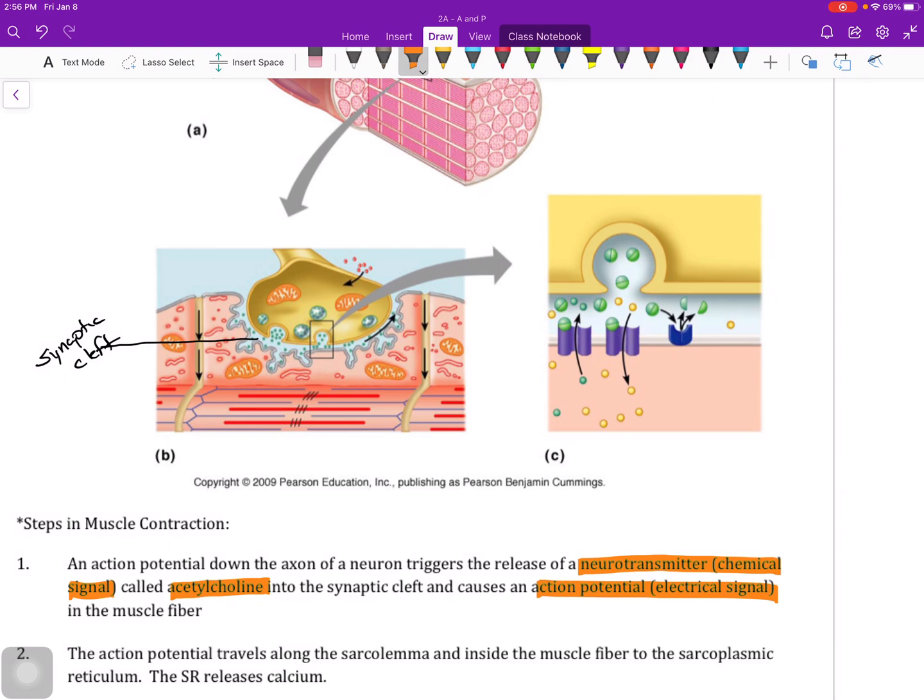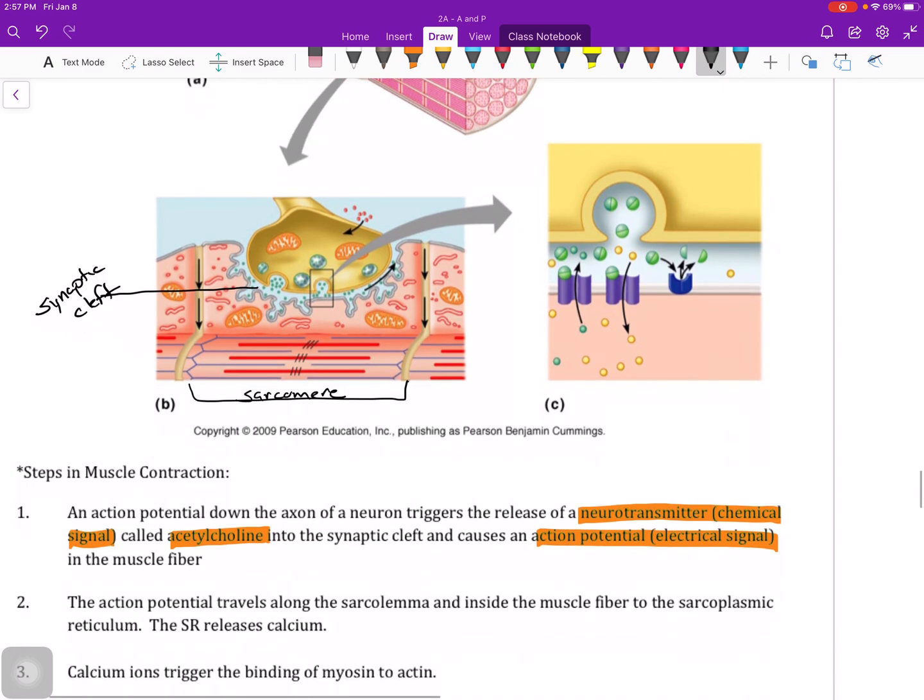All right, and so when you're looking at this area right here, guys, this is a sarcomere. This area right here is a sarcomere. That is one contractile unit of a muscle fiber. Okay, now the action potential travels along the sarcolemma, which is the plasma membrane.